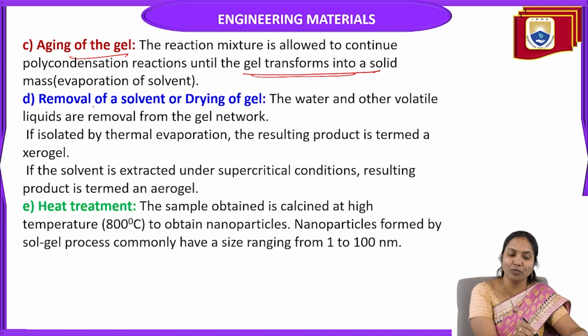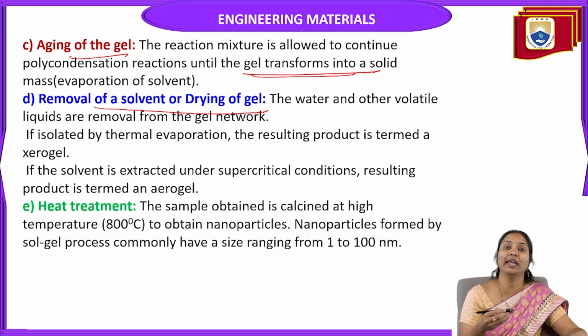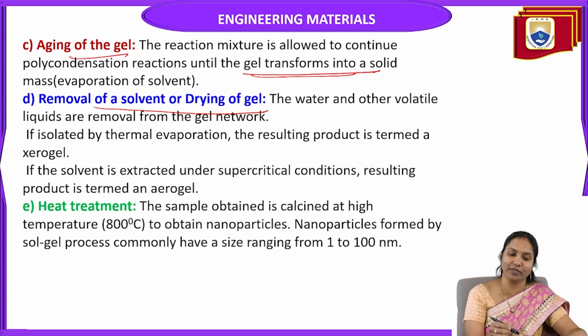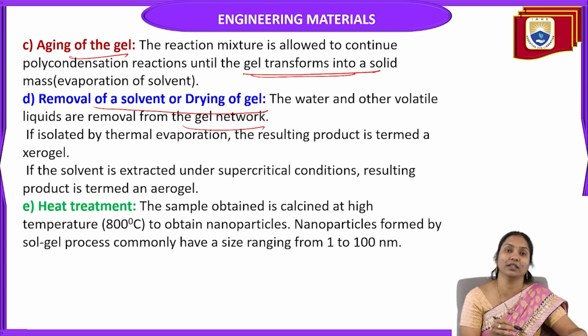And next one is removal of solvent or drying of gel. The water and other impurities or other volatile liquids are removed from the gel network. We can remove water or other volatile liquids from this gel. This is called drying of gel. Drying takes place in different ways.